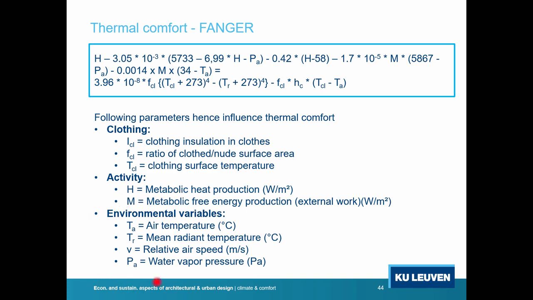And then you have a lot of outdoor variables, so external variables, like the air temperature, the mean radiant temperature, the speed of the air, so it's for the convection of the heat, and then how moist the air is, so what the vapor pressure is around you. That determines the comfort. So when we look at comfort, we have to take all these parameters into account.